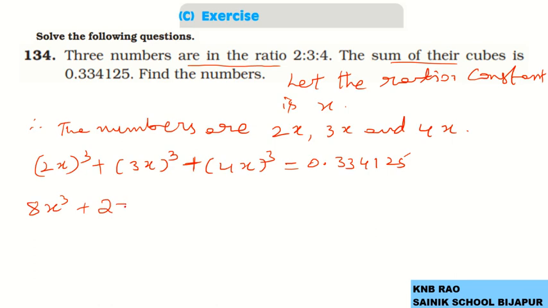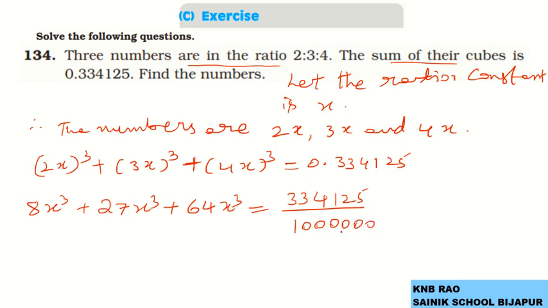Students, (2x)³ gives you 8x³, (3x)³ results in 27x³, and (4x)³ gives you 64x³, which equals, by converting this decimal number into fraction form, 334125 upon 1000000, which means 10 lakh.